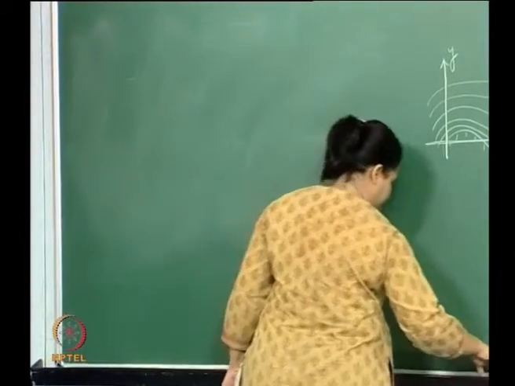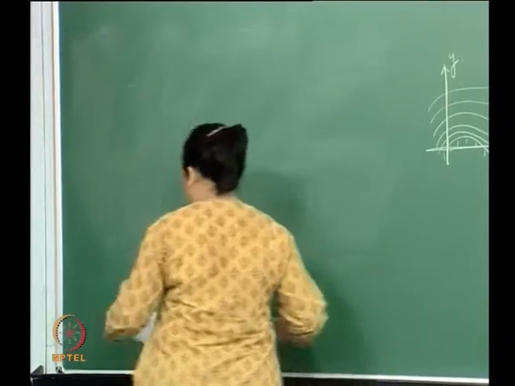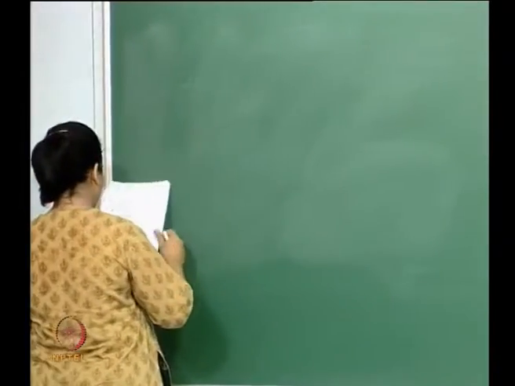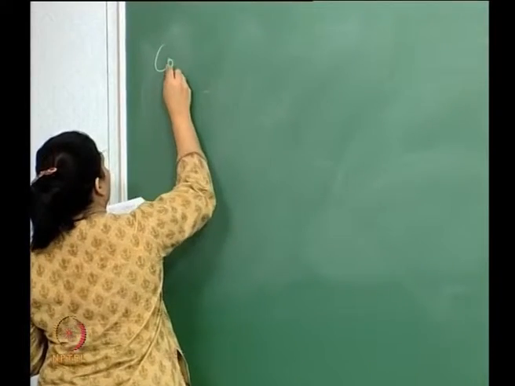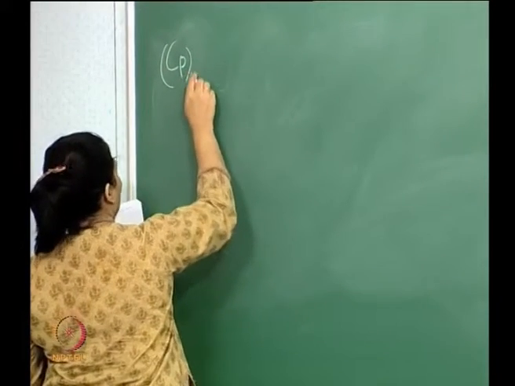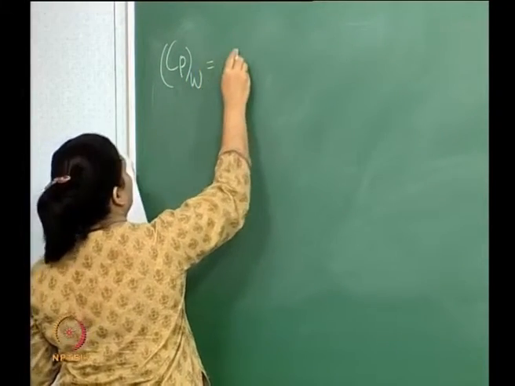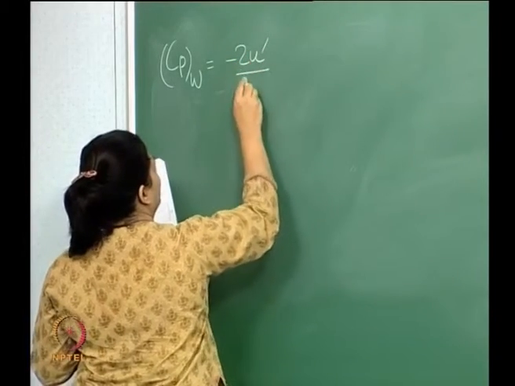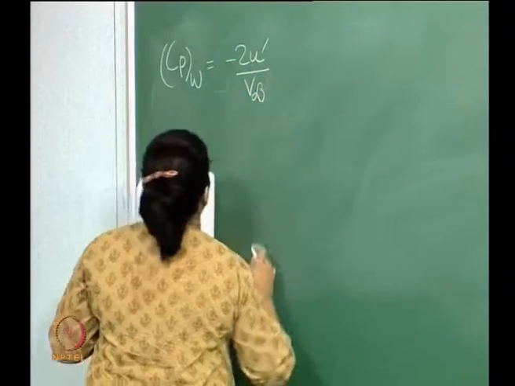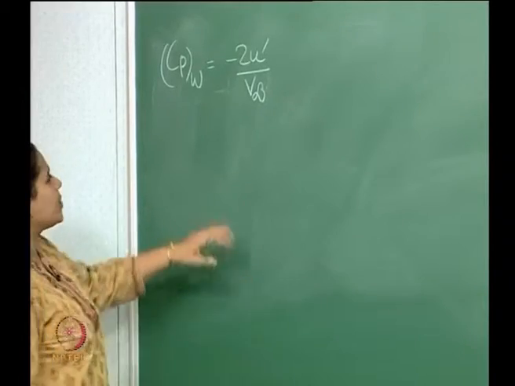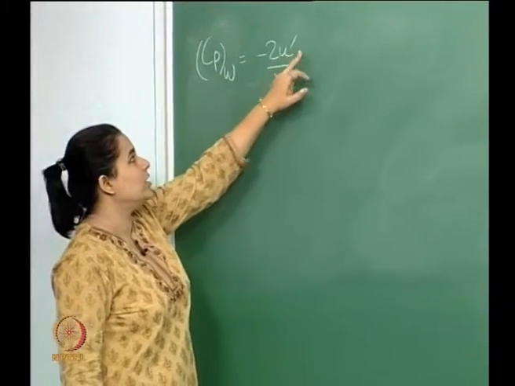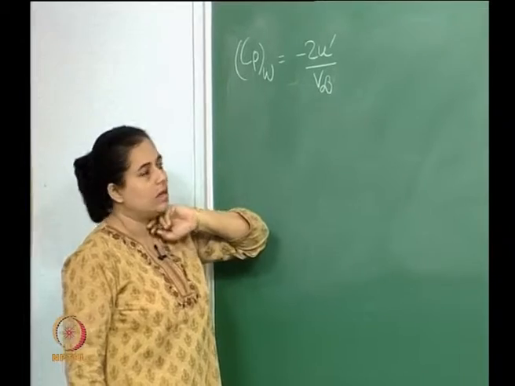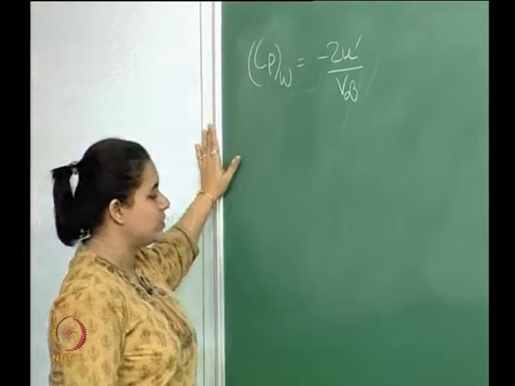Now what we learned from last time is that the Cp at the wall is equal to this. Cp at the wall depended on the u component of the perturbation velocity.